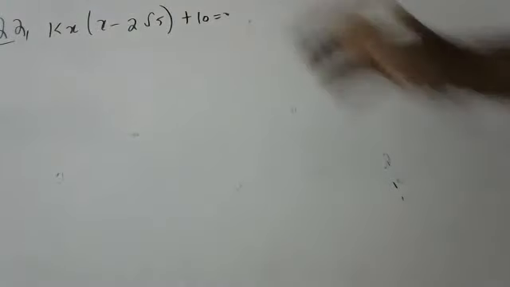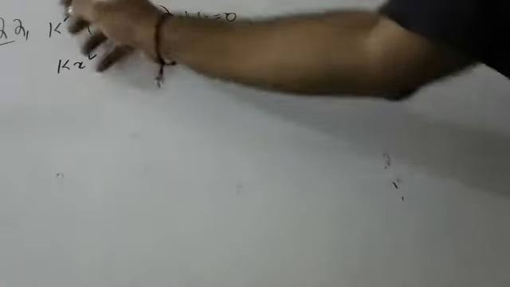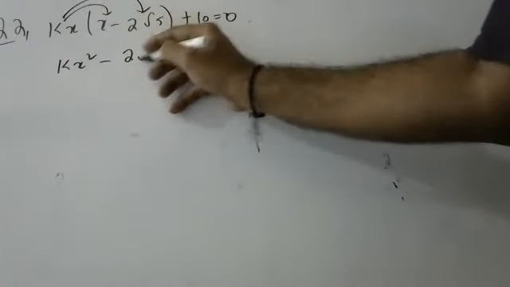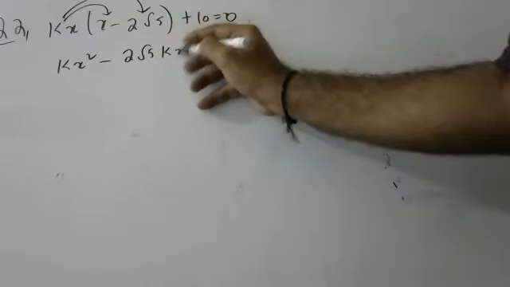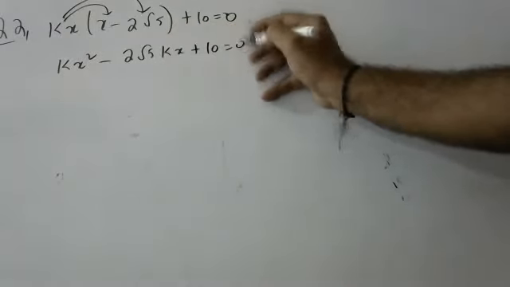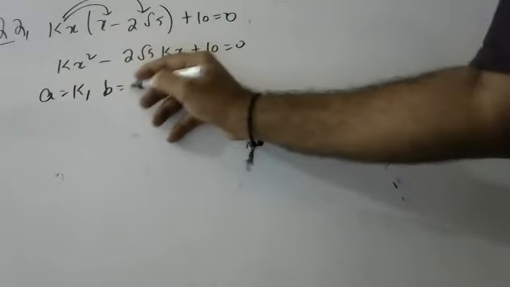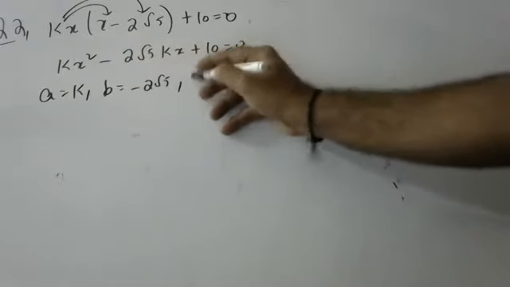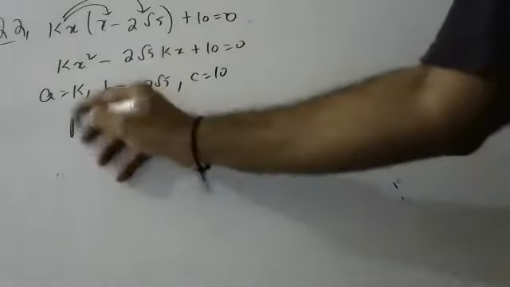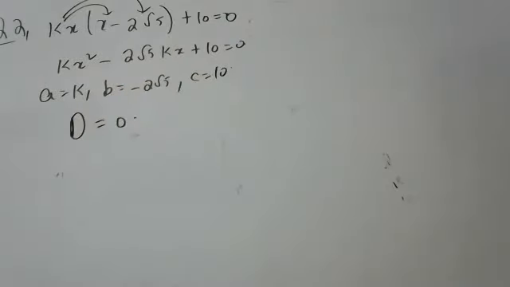Multiply this out: kx square minus 2 root 5 kx plus 10 is equal to 0. A is equal to k. B is equal to minus 2 root 5. C is equal to 10. What is the condition for equal roots?